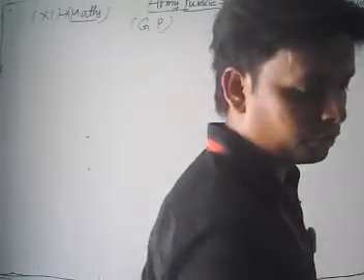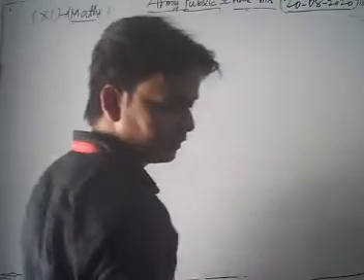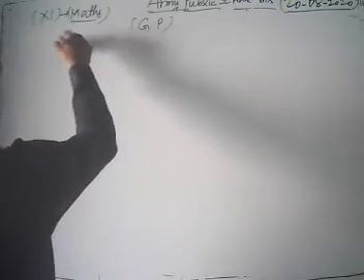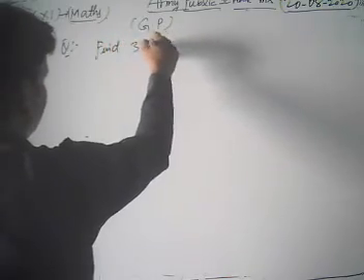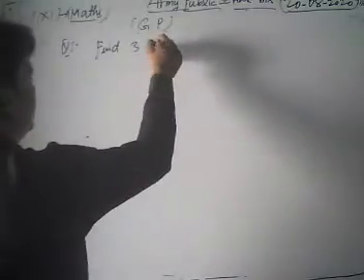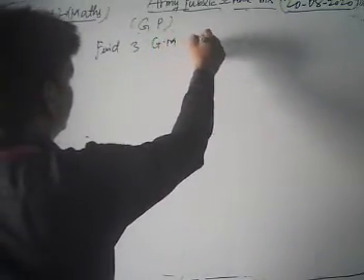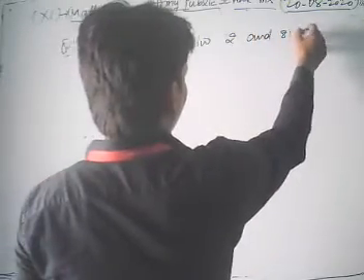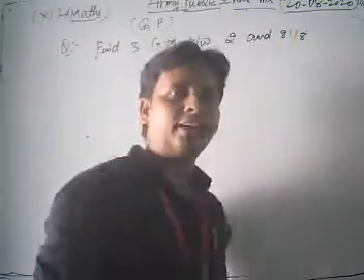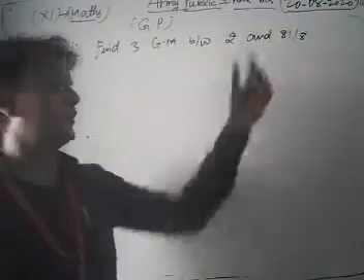We take the question: find three geometric means between 2 and 81 by 8.